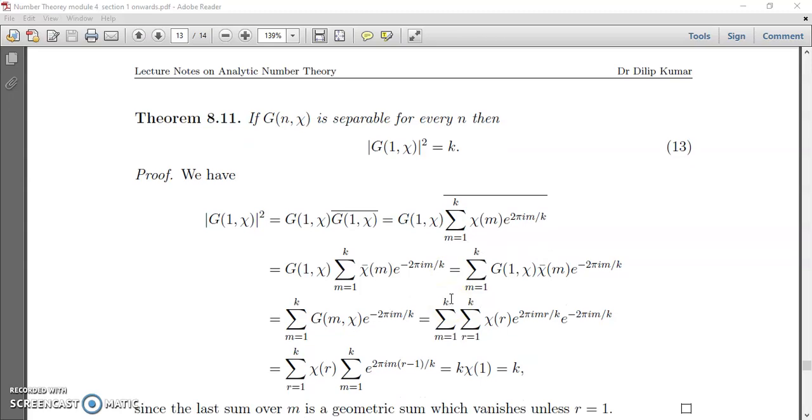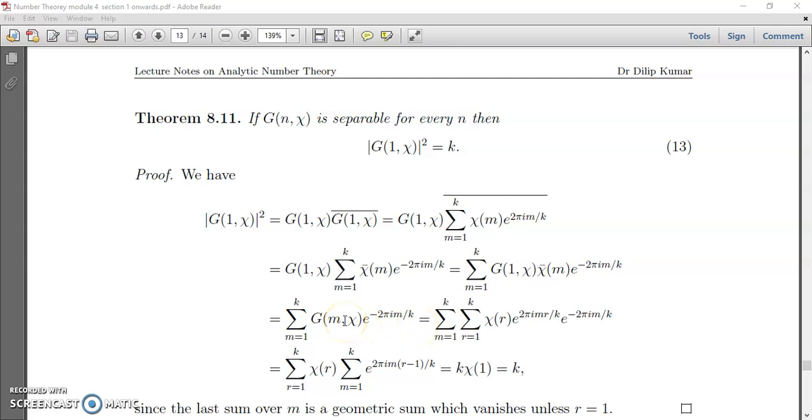Now here, g of 1, chi times chi bar of m is nothing but g of m, chi by the separability. So this is g of m, chi times e raised to minus 2 pi i m by k.